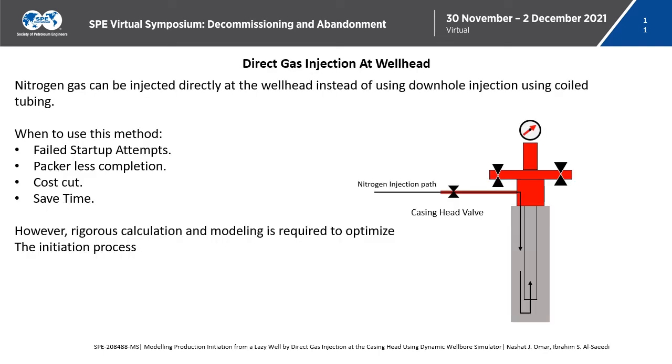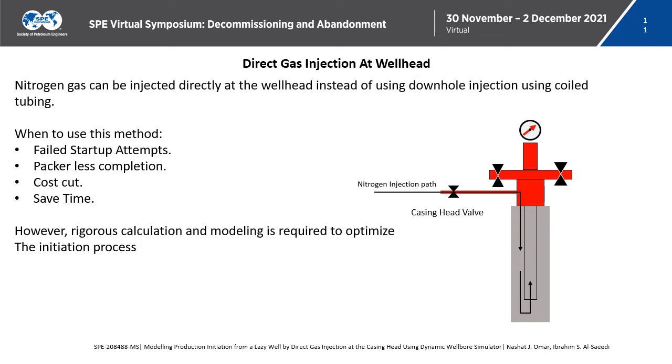Direct gas injection at the wellhead is not a new approach. However, it can save time and cost whenever it is applicable. However, it requires some conditions to be met. For example, packerless completion is the only candidate for this lifting method.